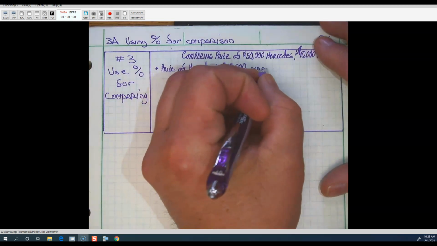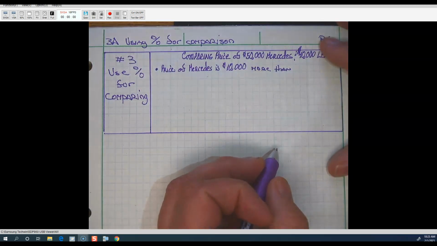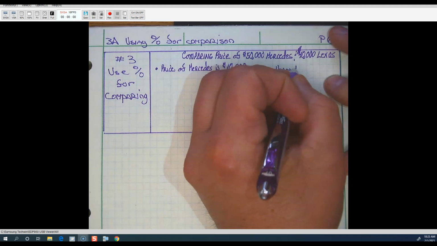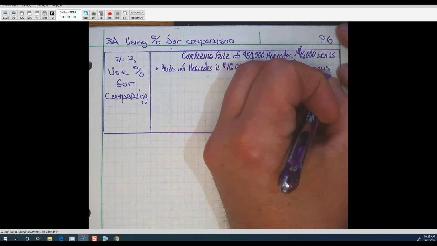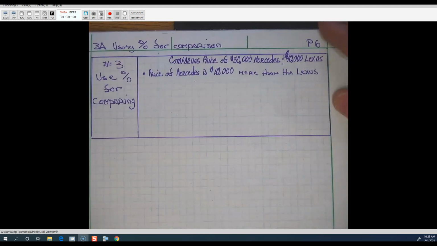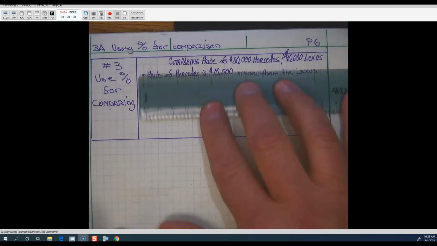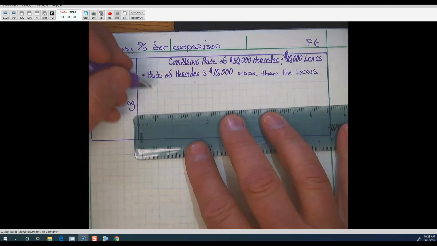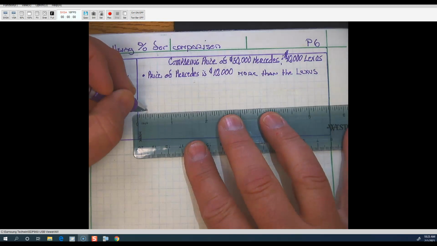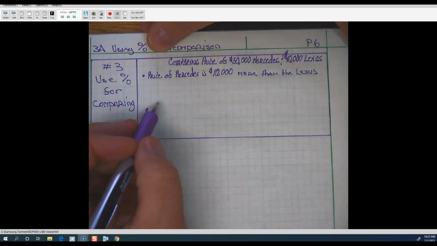More than. Okay, that's pretty straightforward. Or we could say, leave a little bit of space here, because we're going to fill something in after that statement. Or we could say, the Lexus is $10,000 less than.